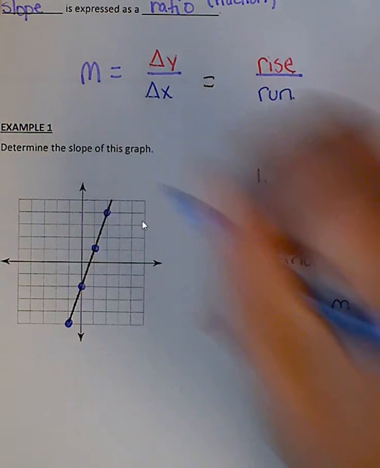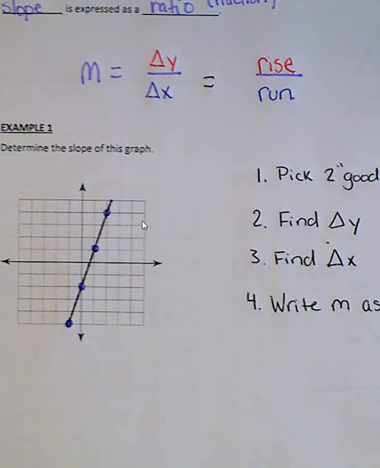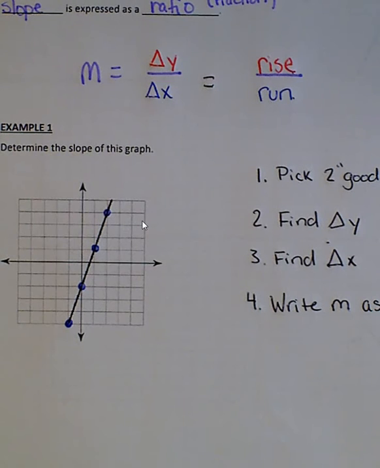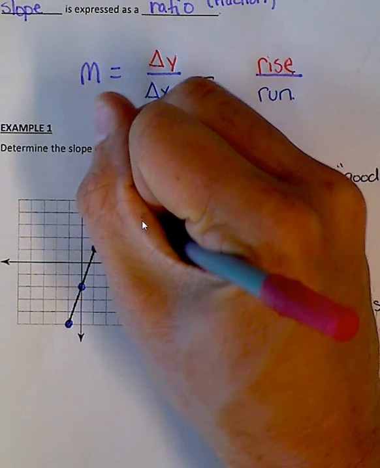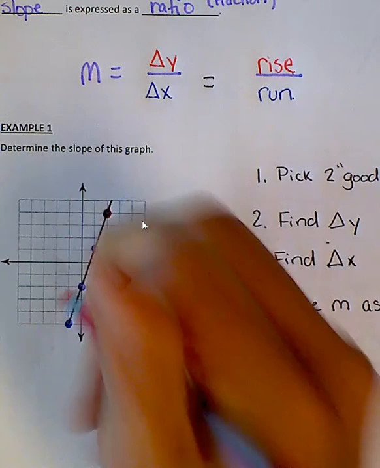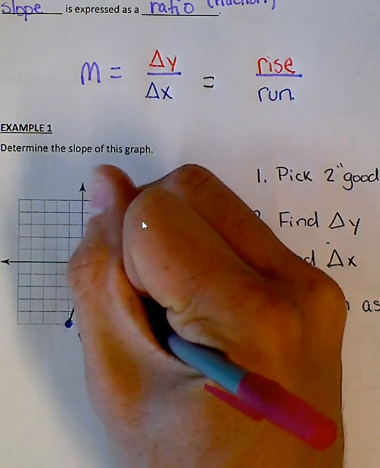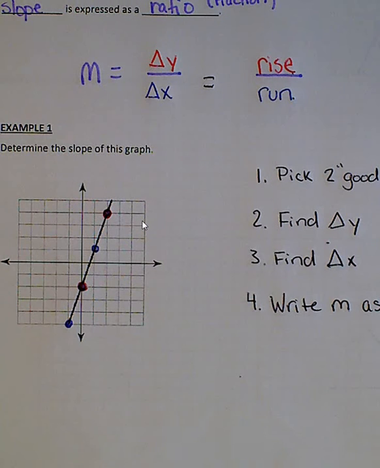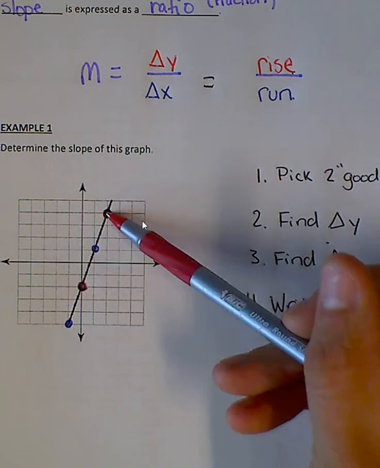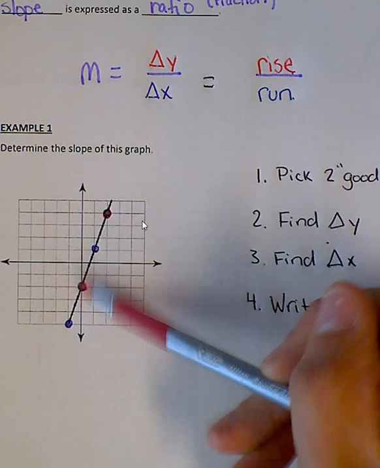You don't have to pick a certain 2. You can pick any 2 good points. We'll focus on this one that I'm marking in red, and we'll pick this one. Again, it doesn't matter which 2 I choose, we'll always get the same answer. I want to find the slope between these 2 points, or the slope of this graph.